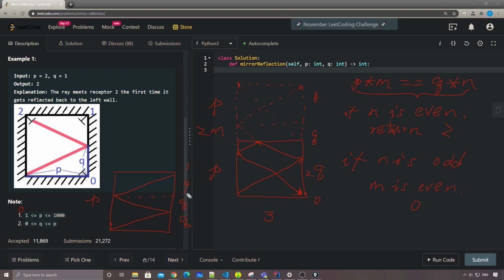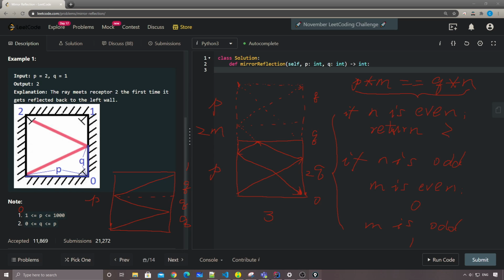Which means that when m is even, it's 0, and when m is odd, then we know it's 1. That's the conditions here. Now the only question is, how can we calculate this m and n here, right?